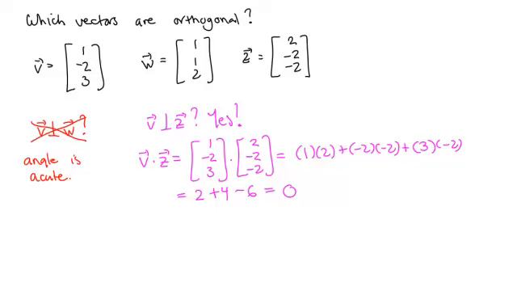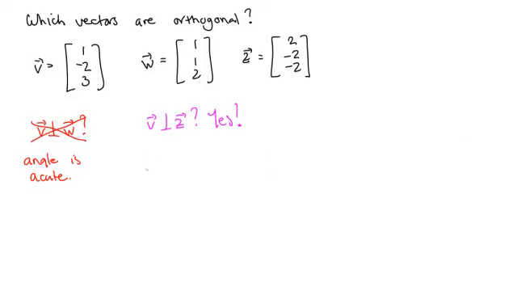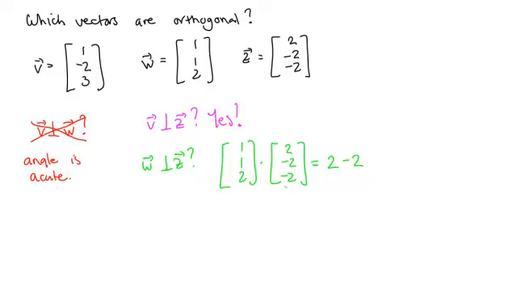What about w and z? Is it the case that w is orthogonal to z? Well, let's do one last dot product. We'll take 1, 1, 2, and we'll dot it against 2, minus 2, minus 2. So the product across the first rows is 1 times 2, across the second rows it's 1 times negative 2, and across the third rows it's 2 times negative 2. That'll get me 2 minus 2, which is 0, minus 4, which is negative 4.